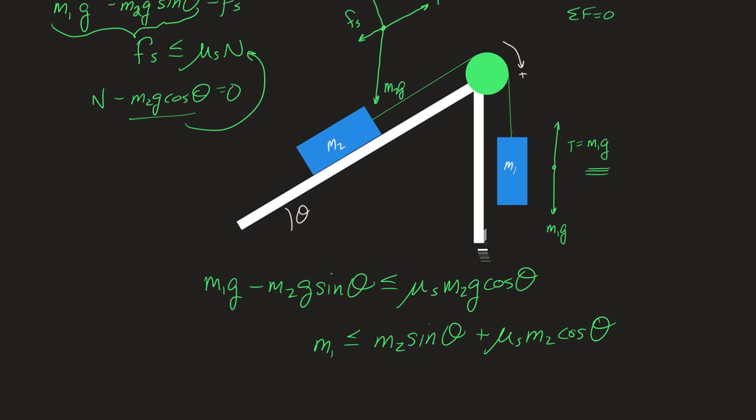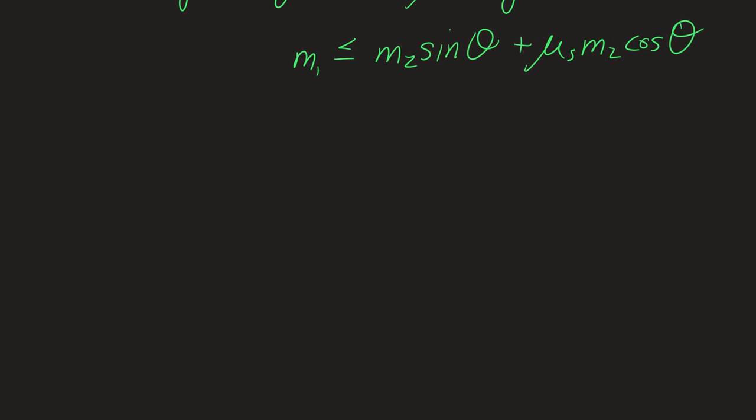Now, I like this because first, I got the right inequality. It tells me that there is a maximum value for M1, if it has to stay less than or equal to this. If it is greater than this, then the system won't stay still. That's what this inequality is telling me, that I need to keep that mass that's there less than this.